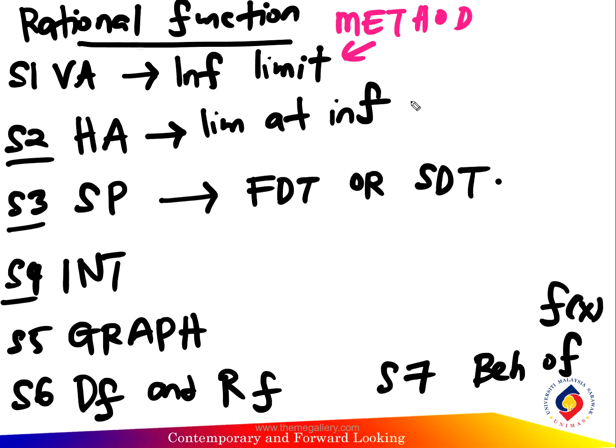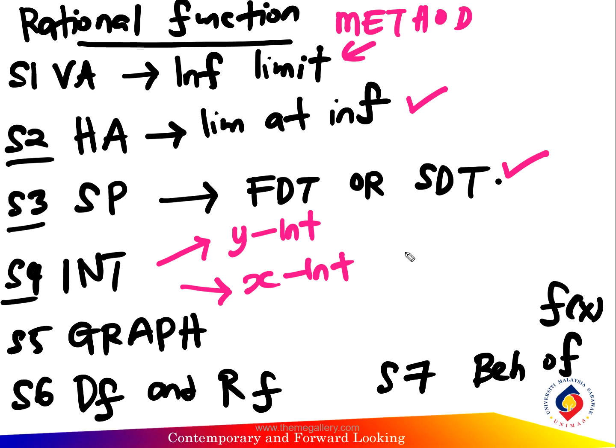And step 3, find the stationary point of the rational function: you let the first derivative equal 0 and find the coordinate of the stationary point. And using the first derivative test or the second derivative test, determine the relative extremum point, the relative minimum or the relative maximum point. Step 4, find the intercepts of the function, y-intercept and x-intercept.